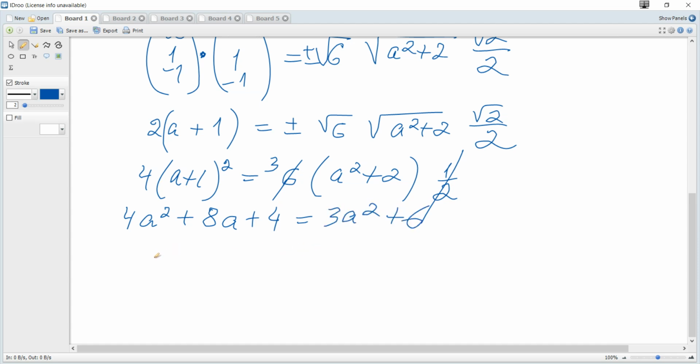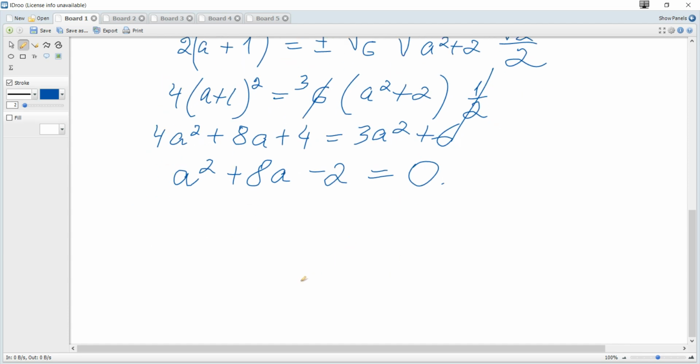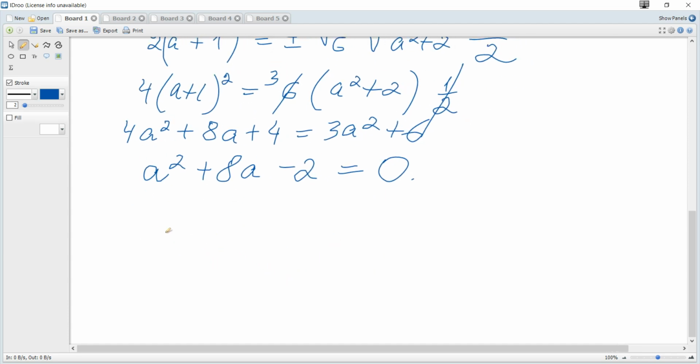Hence it becomes a squared plus 8a minus 2 is 0. So we get a quadratic equation and use a discriminant.